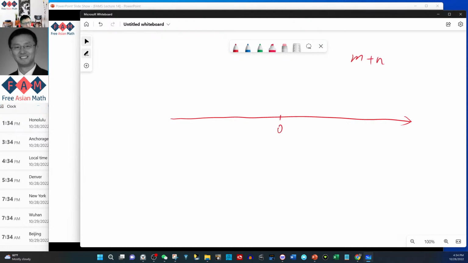This can be considered as 0 plus m plus n, right? Because 0 plus any number equals that number. You start from 0. Whether m is positive, where you will count forward, or m is negative, in that case you will count backward, meaning toward the left. It doesn't really matter. So 0 plus m equals m. So when you have an integer m plus n, essentially it's the same thing as 0 plus m plus n.